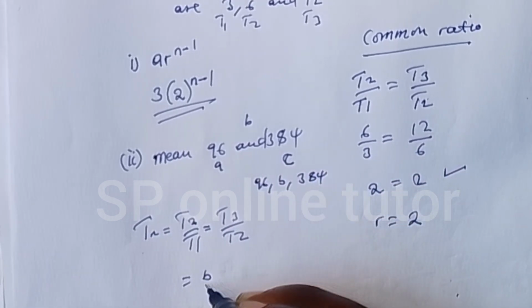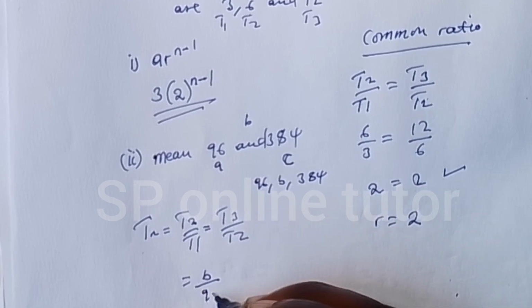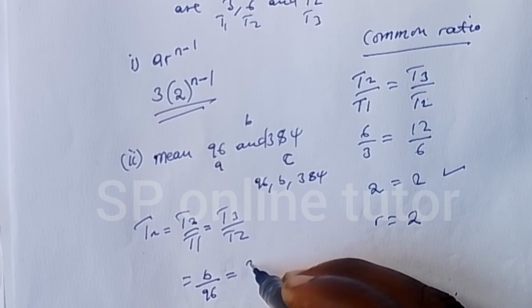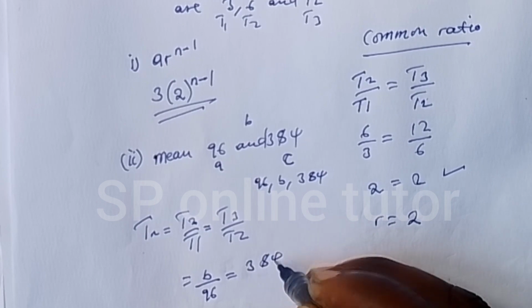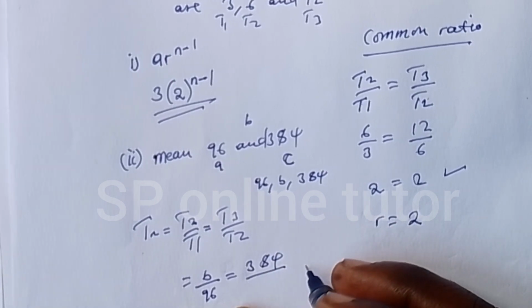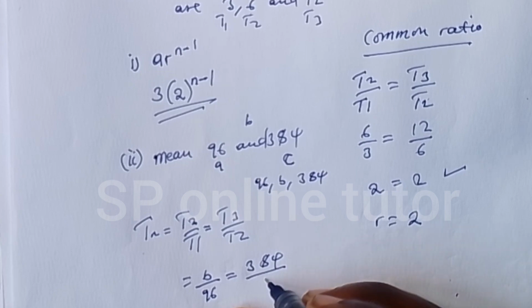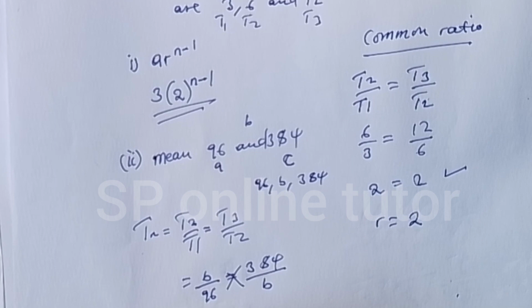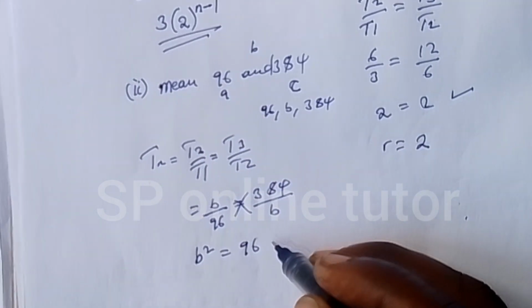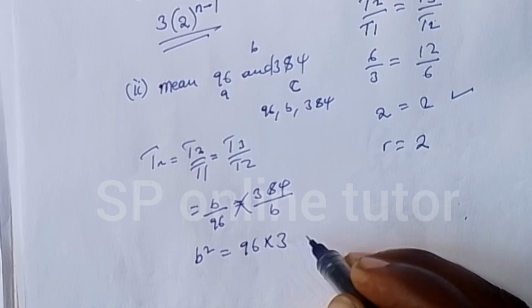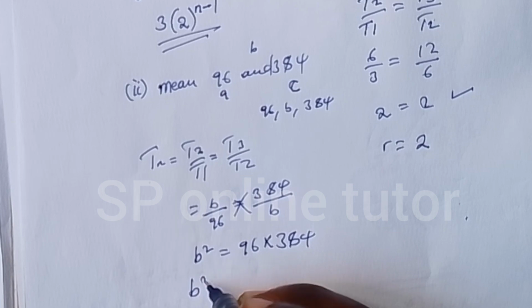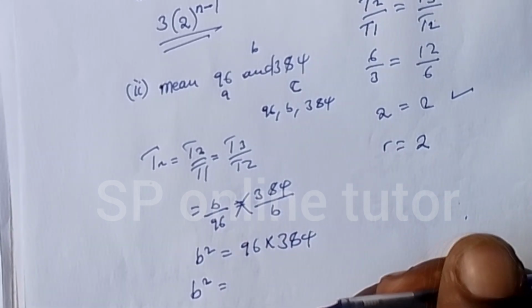So B over 96, which is equal to 384 over B. Then when you cross multiply, you are going to have B squared equal to 96 times 384.